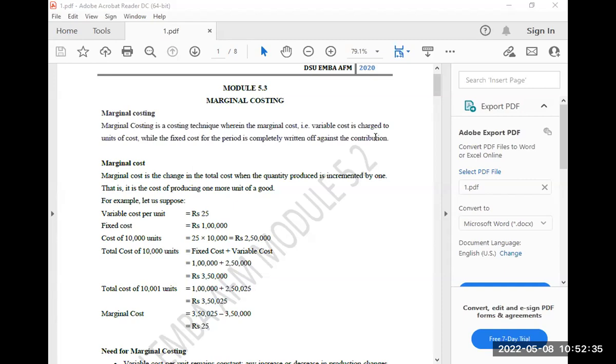I have taken this room at 1,000 rupees per day rent. What is the cost of this room? 1,000 rupees. How many are attending? Only 5. Suppose tomorrow 50 members attend. That time also, how much do I have to pay as rent? 1,000 rupees only. Another day, only one student is attending.